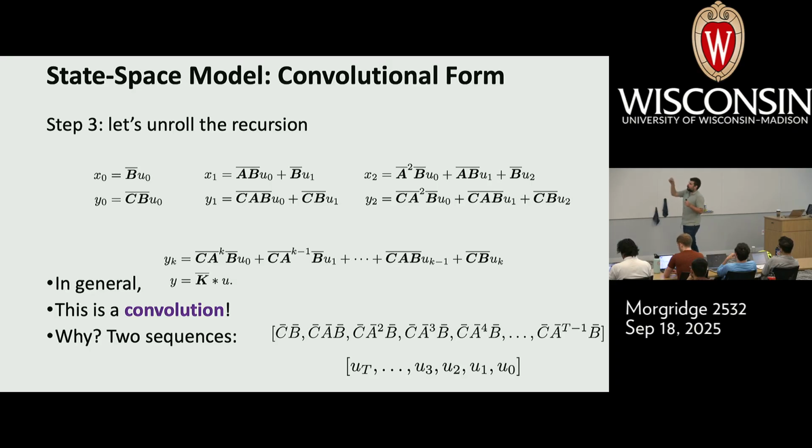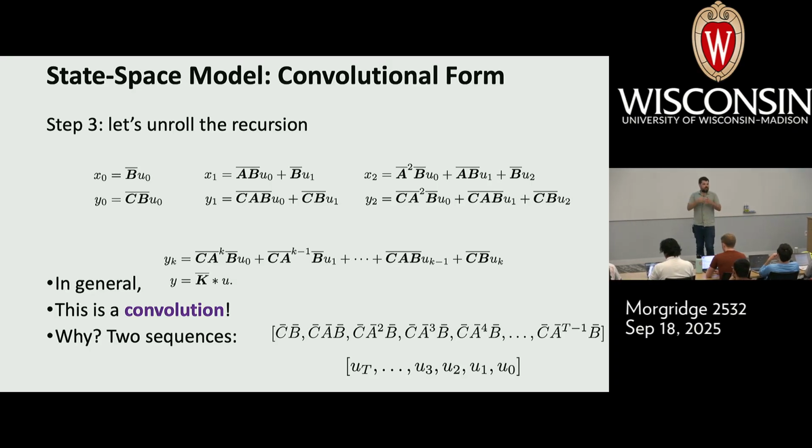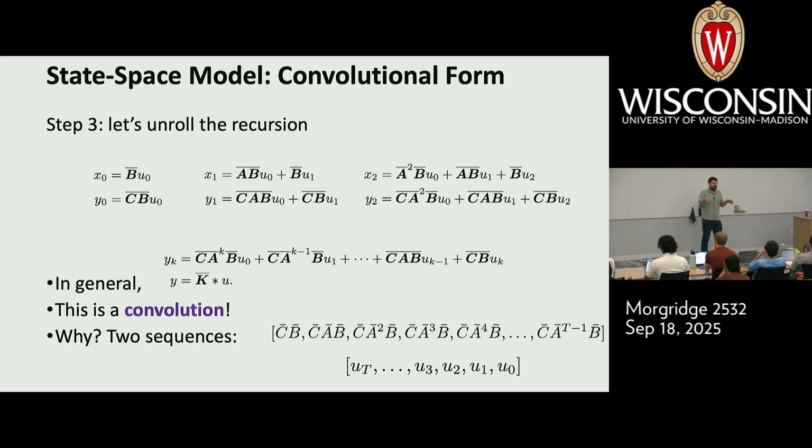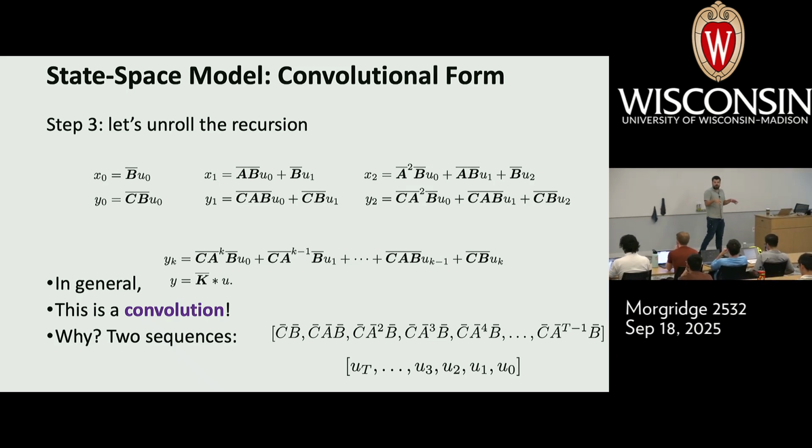I have to compute every y. How many y's are there? That's the length of the sequence, length L or T or N or whatever value we want to use. And for each of those outputs, I have to do a full dot product between the two sequences where I have them. And again, that's a thing that's of length L. So at least naively, computing this convolution is still like an L times L thing, which is exactly the same cost that we were getting for doing self-attention.